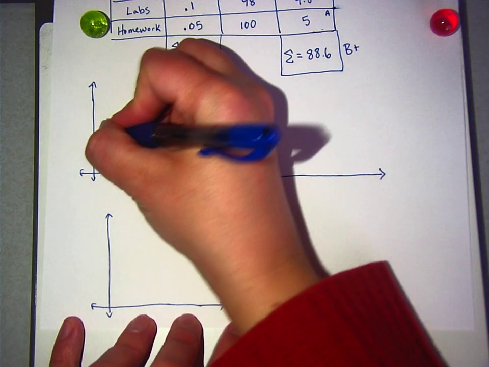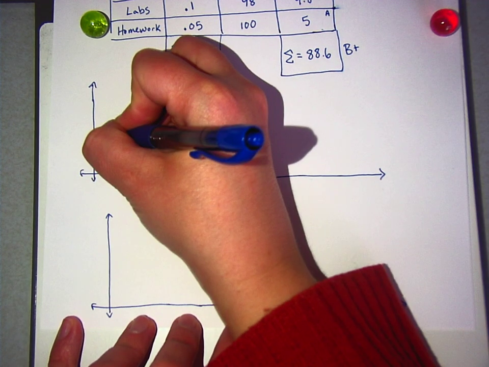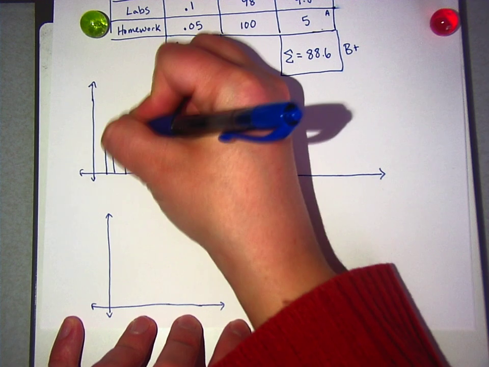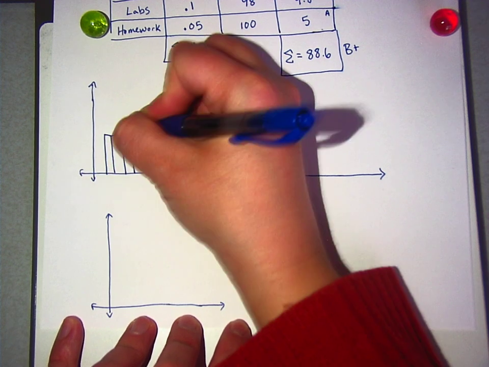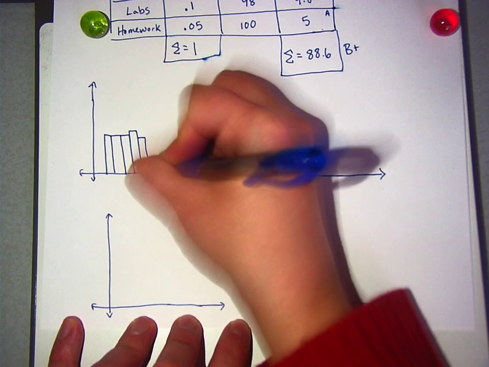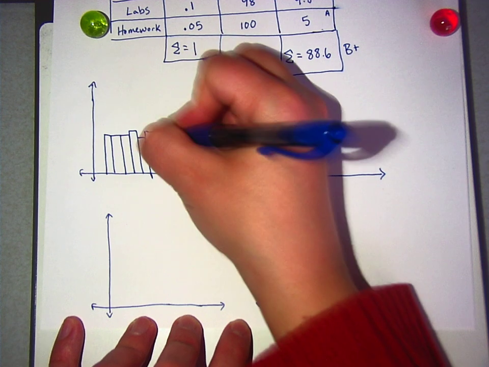The first distribution we're going to sketch looks like this. There's a whole bunch of bars, but some of them are slightly taller, slightly shorter than others, pretty close though.